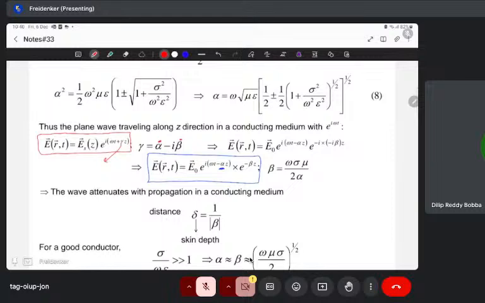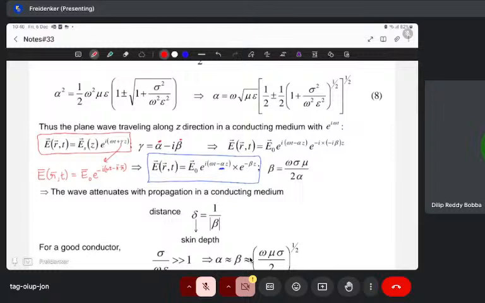But this is very similar to our previous electric field. It looks similar, but now we are in a conducting medium, and it changes the equation.